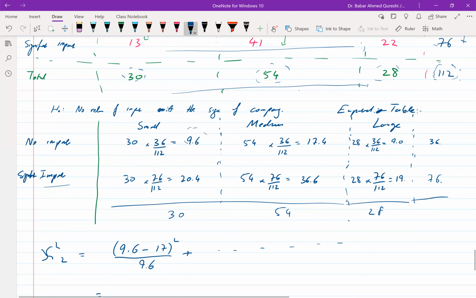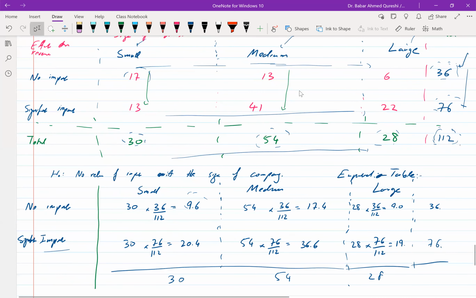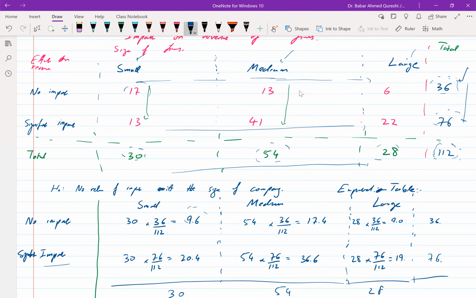But I just want to point out one thing, that I got these probabilities by using this logic. I said that 36 out of 112 have no impact. So that gives me this probability, and I multiply it with the number of small firms. I could have said also this, that in my sample, 30 out of 112 are small, and if I pick a firm at random, the probability of it being small from this data is 30 by 112.